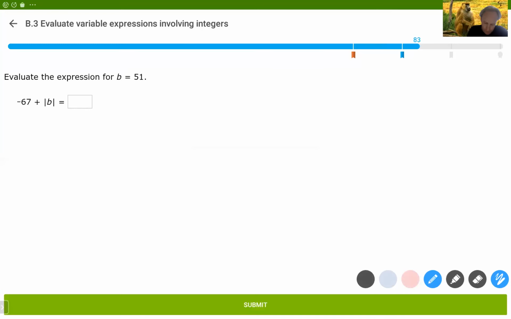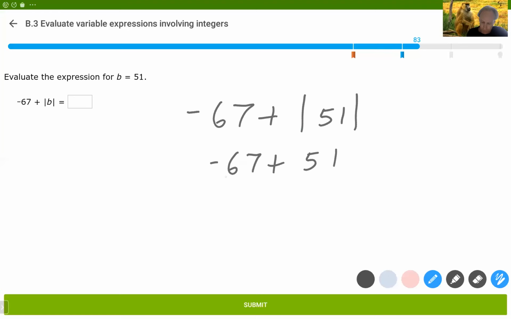Negative 67. I said 67. Try again. Negative 67 plus the absolute value of 51. You have to take the absolute value first, which is 51. And we're adding negative 67. And again, this rule is who won?